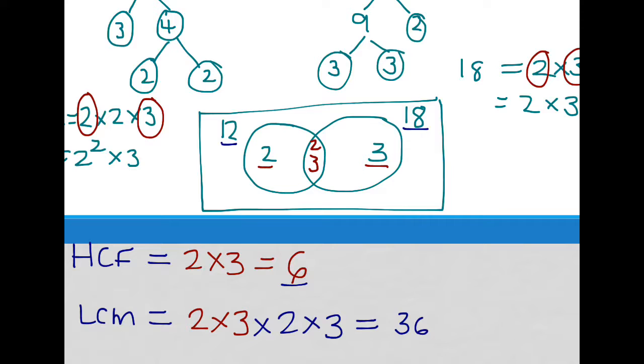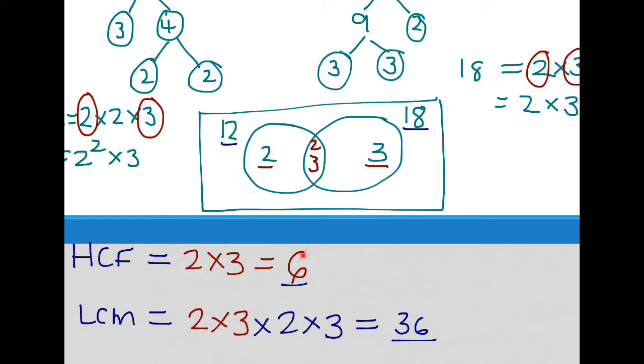Now, with both of those answers, we need to check before we just move on and go, oh, that's it, I've done that. Are these answers correct? Or do they seem like they should be correct? So my highest common factor is 6. Well, if 6 is a factor of both 12 and 18, it means when I divide 12 by 6, I should get an integer answer because that would mean it's a factor.